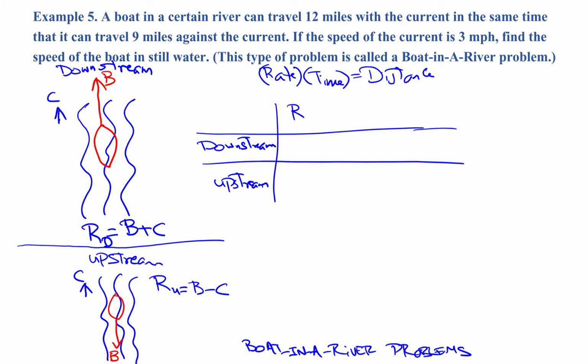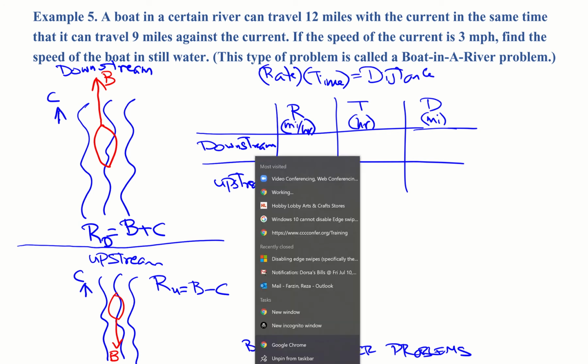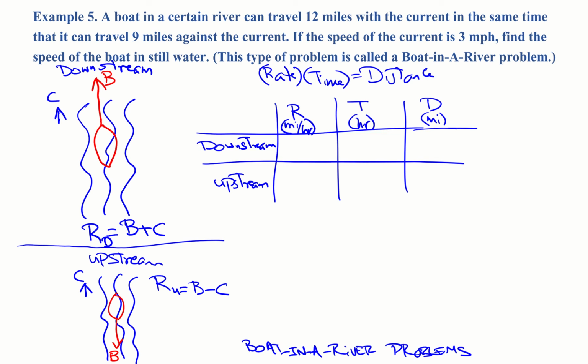It's good to put the units in the header of the table so that you don't have to put them in every box. Time here is going to be in hours, and distance here is going to be in miles. All right, now if you want to write it more mathematically, you could put mi per hr, or just h. Sometimes people just use h.